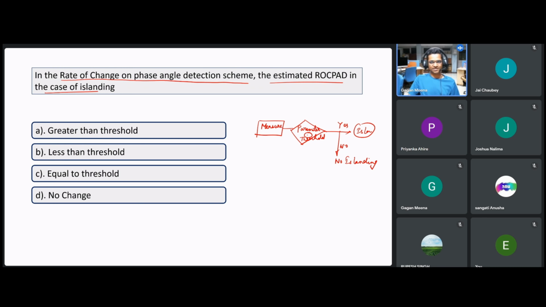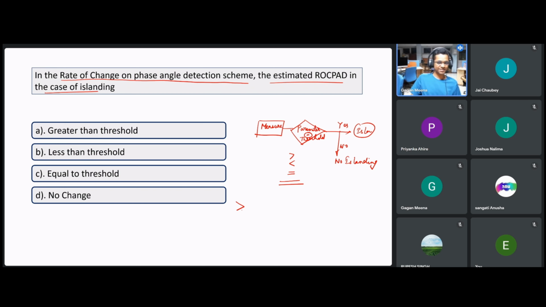Here we measure the parameters. So what is this? Is it greater, less than, equals to? Which one is correct? We have already discussed this. It should be greater than. Correct. All because we discussed in the last question also that we need a minimum threshold.